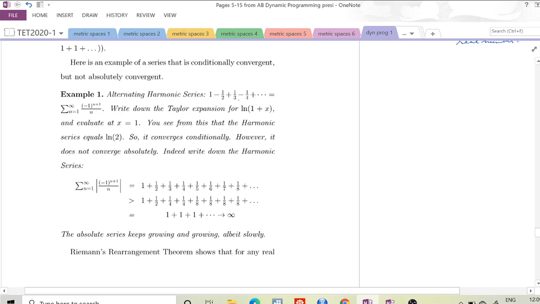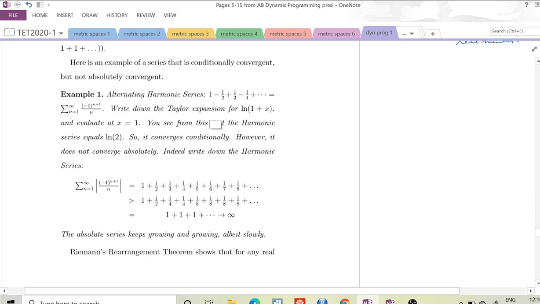There are various ways to see this, but one way to see it is that I can get this series by doing a Taylor expansion of natural log of 1 plus x, and then replacing x with 1.